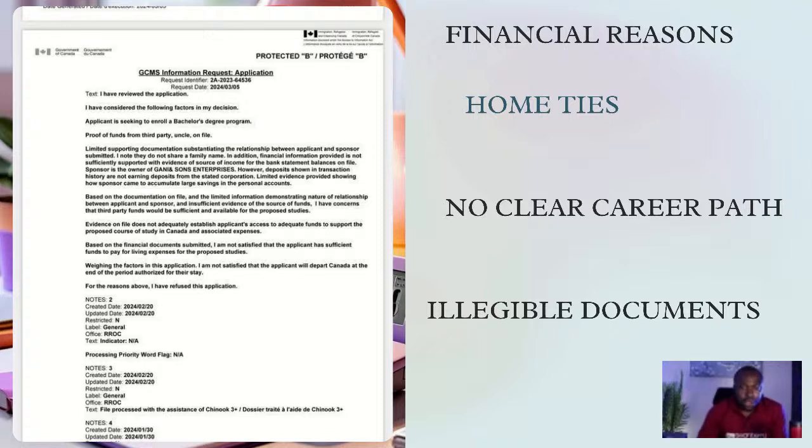So we are going to go straight into the business of the day. We are going to talk about major reasons why visas are rejected. We are going to look at some major reasons and review some GCMS notes, and then we'll talk about possible ways to go about it.